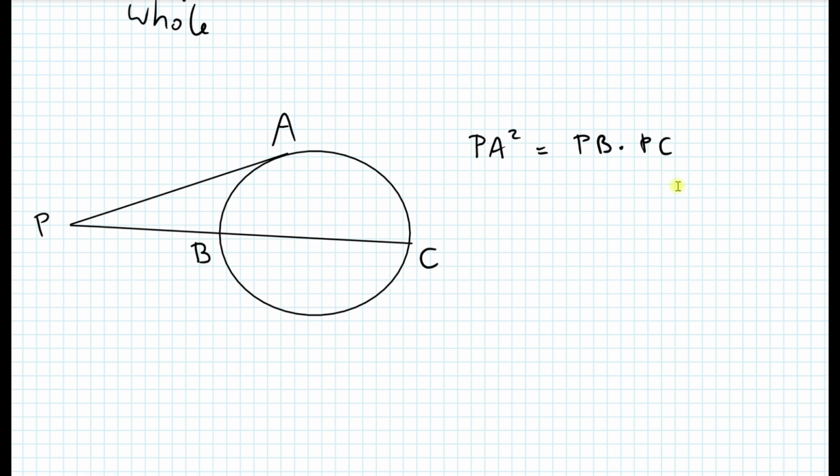That is considered the outside, and it's also considered the whole segment. So you can rewrite PA times PA equal to PB times PC, okay? So again, PA, this piece is considered the outside, but it's also considered the whole segment, okay?